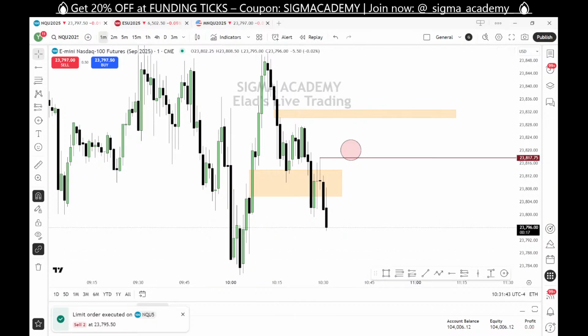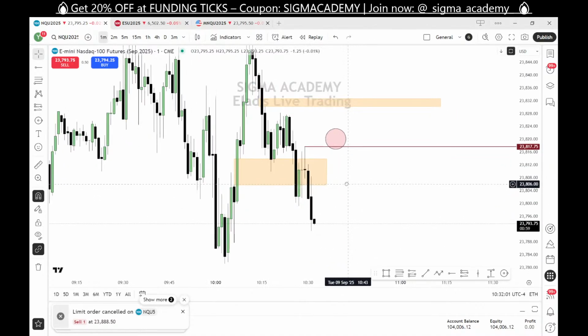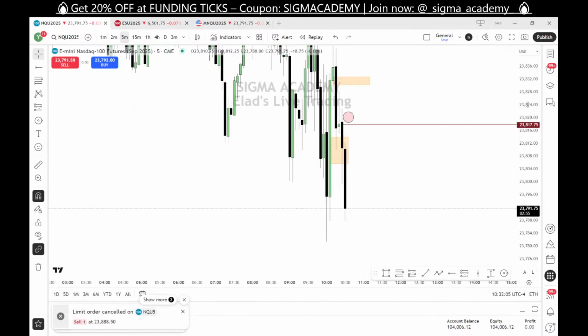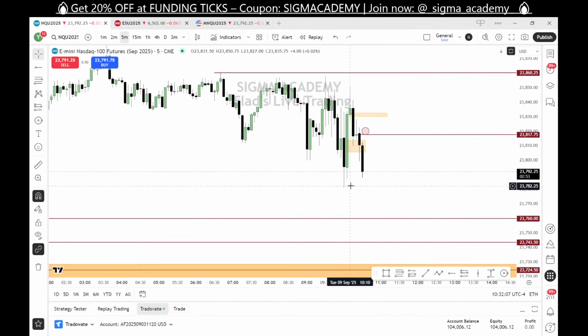That's for now. Make sure you don't have any position or any order. That's for now. It may go lower for now because it looks very ugly on the 5 minutes.